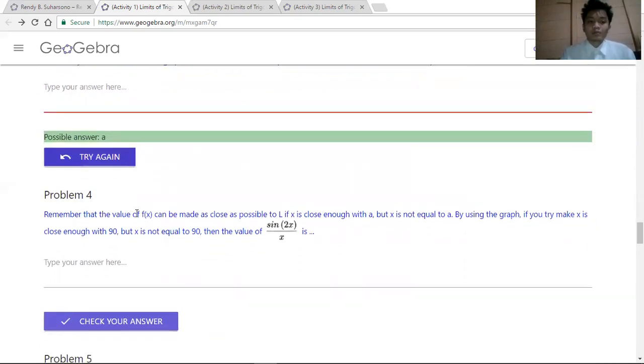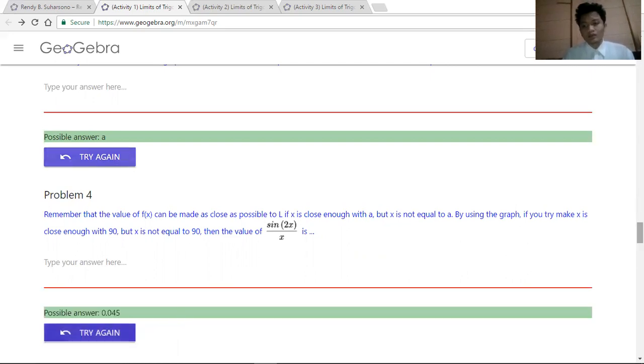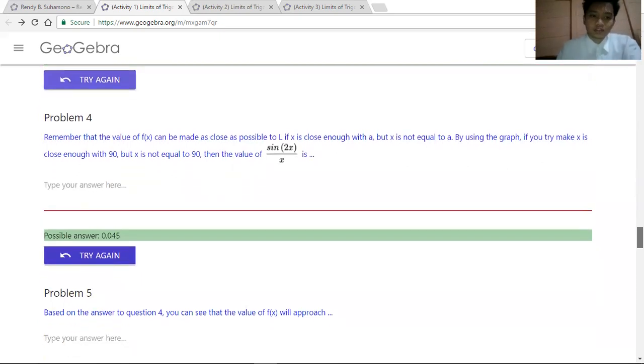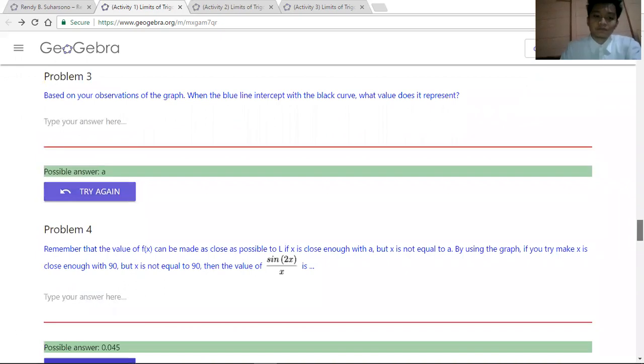a. Problem 4. Remember that the value of function f(x) can be made as close as possible to L if x is close enough to a, but x is not equal to a. By using the graph, if you try to make x close enough to 90 degrees, but x is not equal to 90 degrees, then the value of sin 2x over x is 0.045.